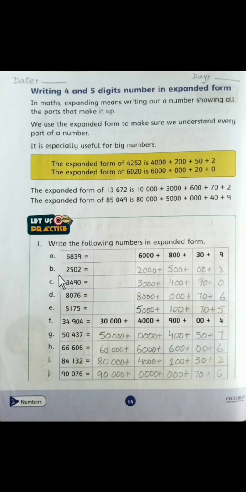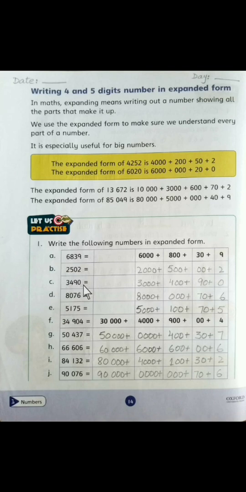Okay, look at B, 2502, we named it 2502. Okay, so first digit is in the 1,000 column, so we have to write 2,000 in expanded form, 500 in expanded form, 0 in expanded form, and 2 in expanded form.